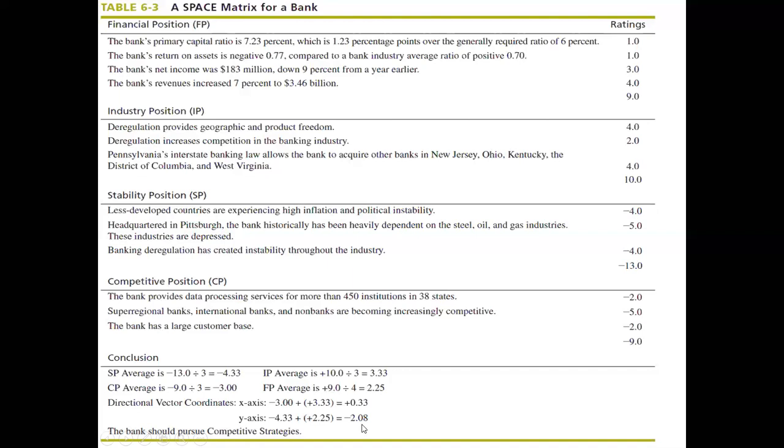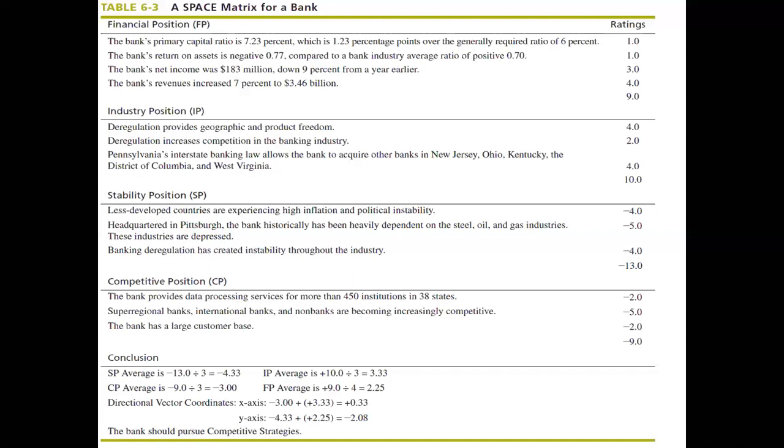Once you have plotted the cumulative points of x-axis and y-axis, you have to drop the perpendiculars from those 2 points and see where the perpendiculars are intersecting. That intersection point would be joined with the origin of the graph, which is point 0 location. You extend a line from the origin to the intersection of the perpendiculars, and that would be the direction vector.